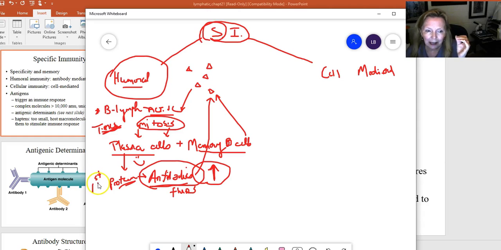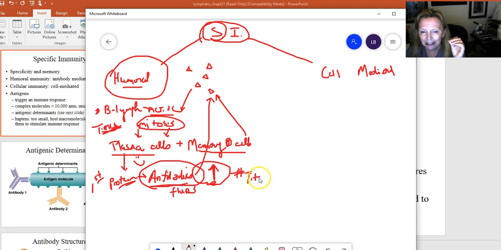The first time, it takes some time for the numbers of the antibodies to go up. And this is why you go through the signs and symptoms of having a disease the first time you get exposed to it. Knowing the numbers, knowing how much is present, is called a titer.